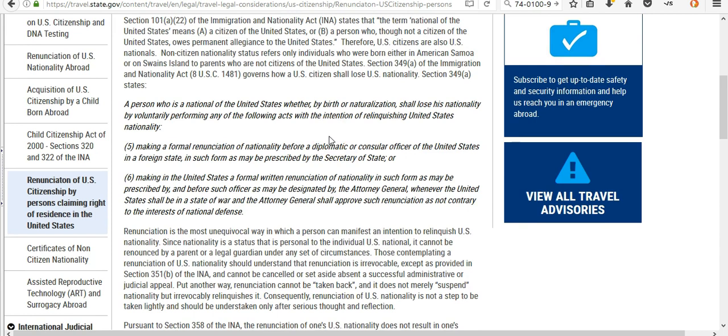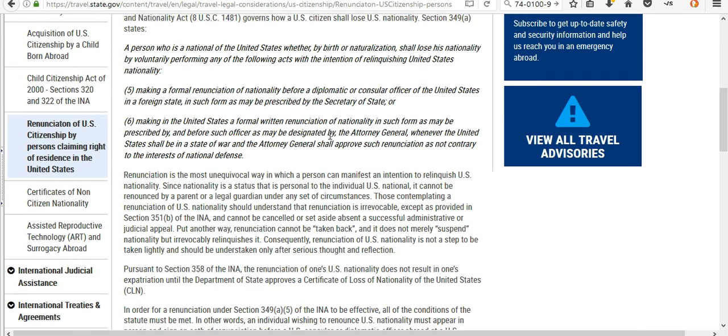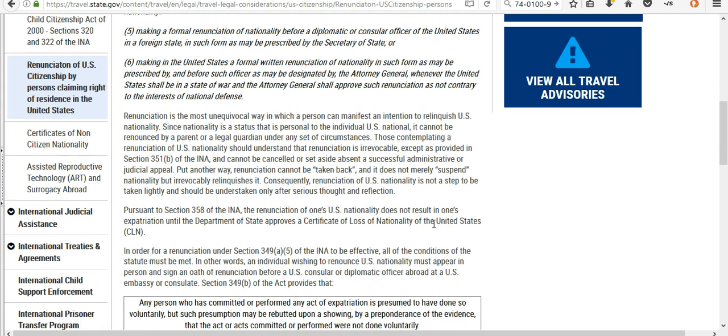Okay, I hope you guys are reading that. It cannot be renounced by a parent or legal guardian under any set circumstances. It has to be done by that person.